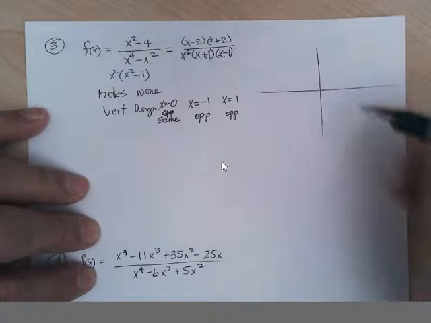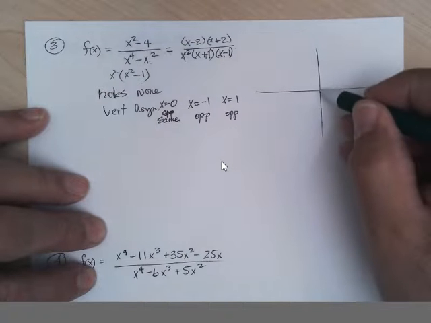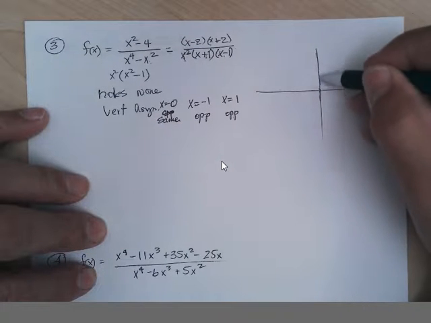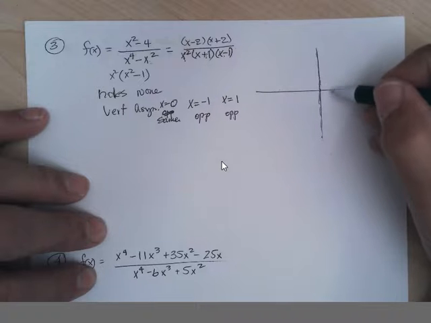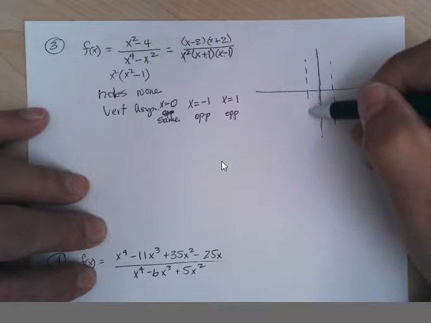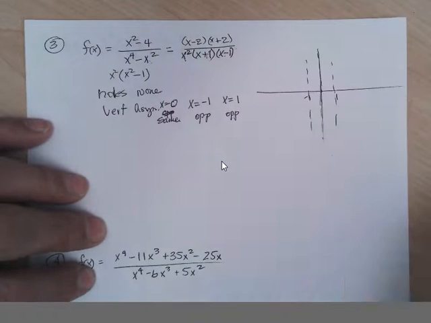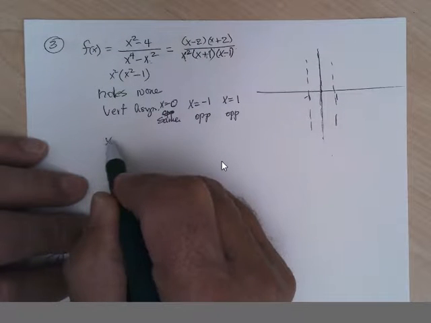Okay. So just starting our graph here, we have asymptotes at 0, at 1, and at minus 1. Okay? And x-intercepts.